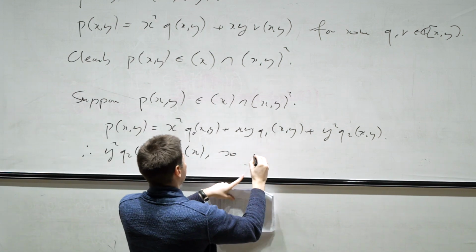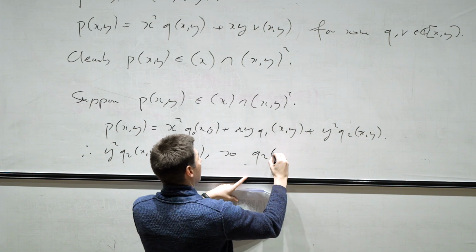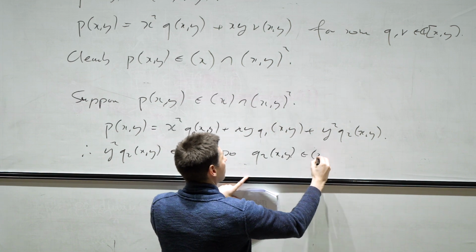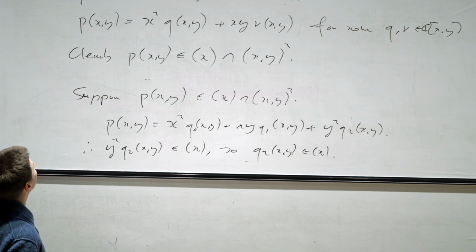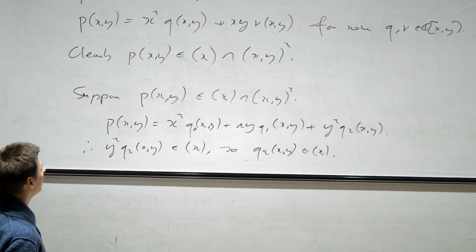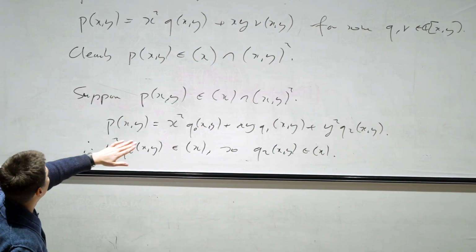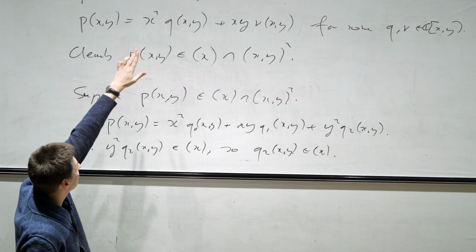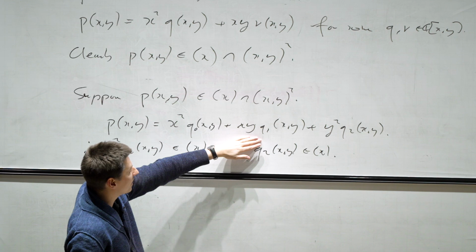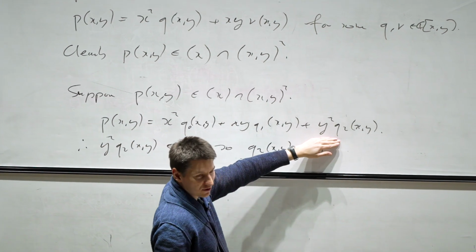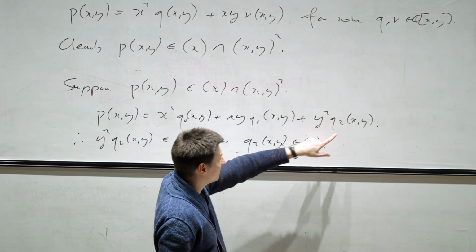So this guy must lie in this ideal. Okay, but that means that this certainly lies in the ideal generated by x squared, this lies in the ideal generated by xy, and this lies in the ideal generated by xy, because x divides this, right?